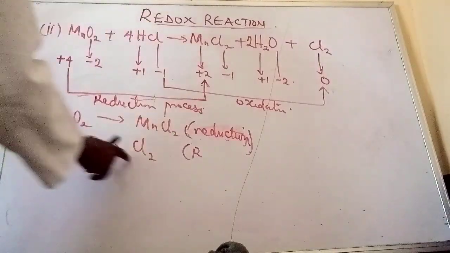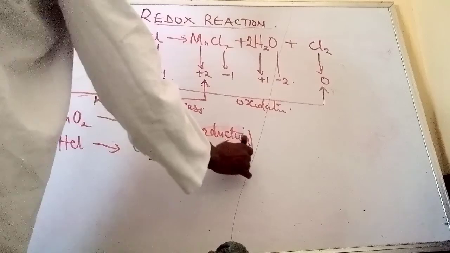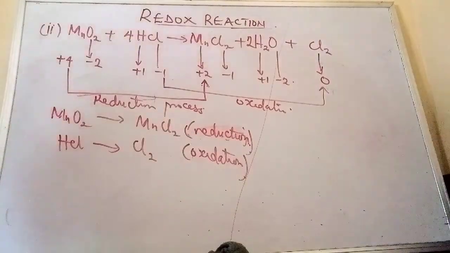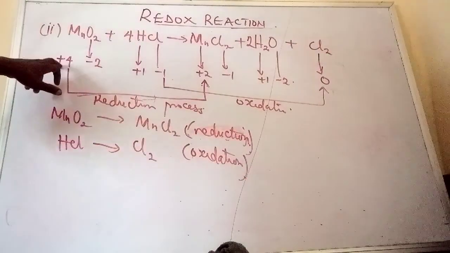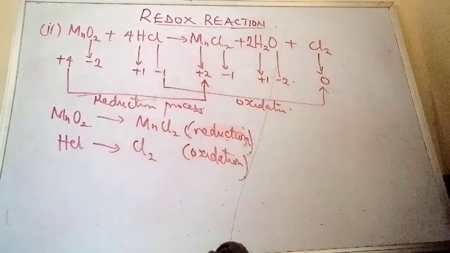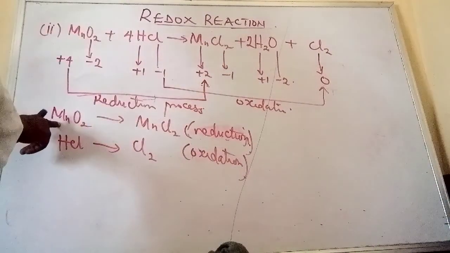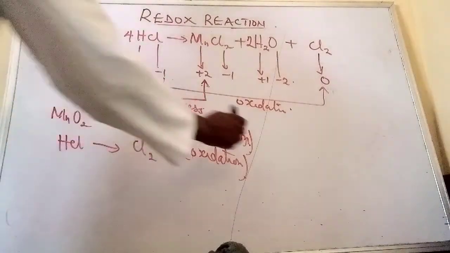While from here to here is oxidation. Yes, +4 to +2, that is reduction, that's decrease in oxidation number. So definitely that means MnO2 has been reduced.